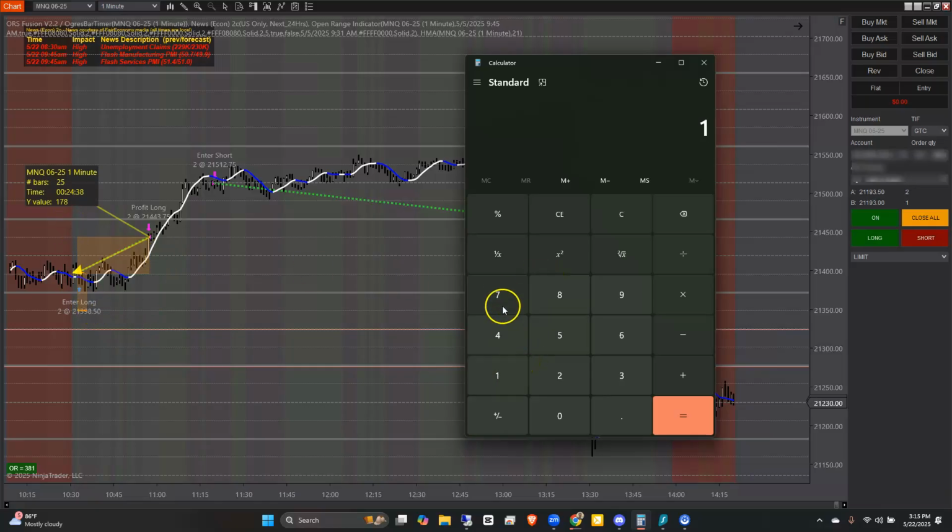So 178 ticks times 50 cents is 89. We're using two micros times two. That means each winner on this particular day would have been about $180, and each loss would have been about $180.